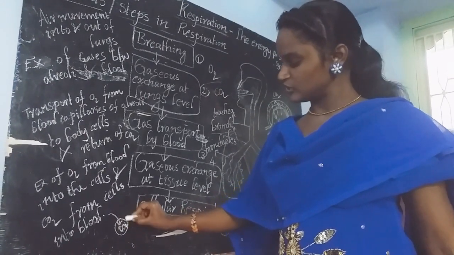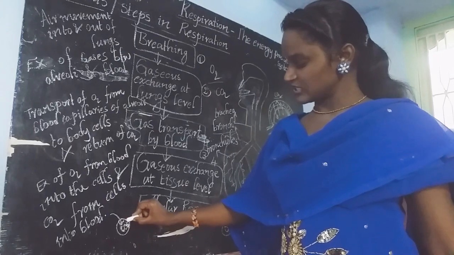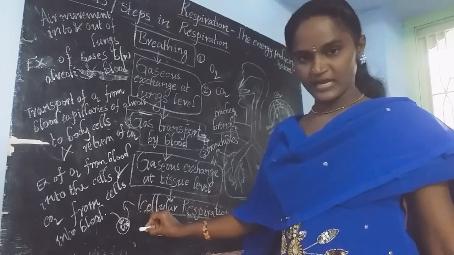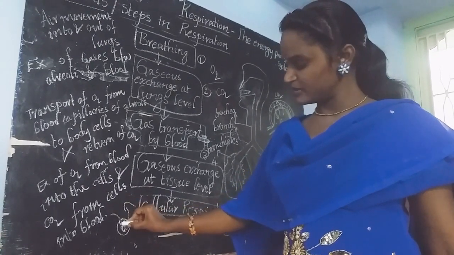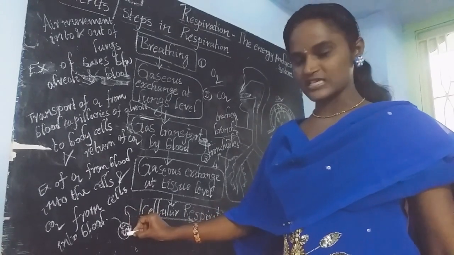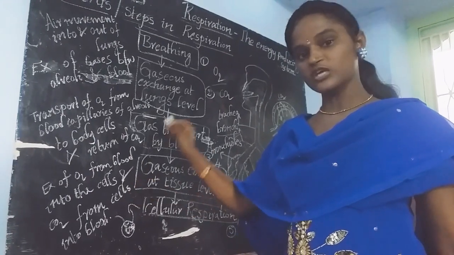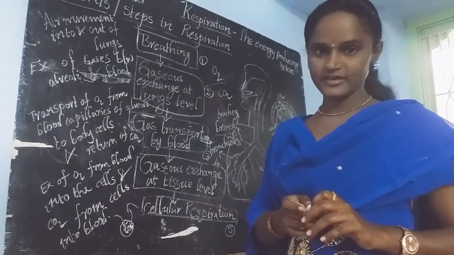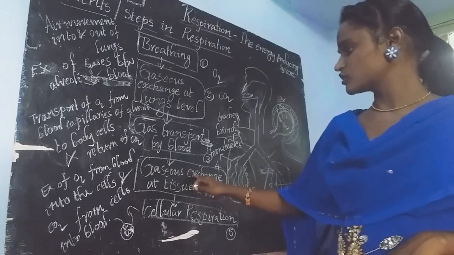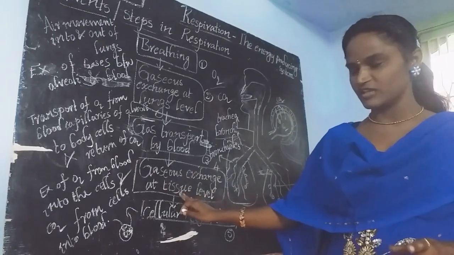Whenever the oxygen enters into the cell, the waste product carbon dioxide enters into the blood. Okay. Now blood brings oxygen into the cell, then it takes carbon dioxide to the lungs again. Is it clear? Like this, the fourth step is completed at tissue level.